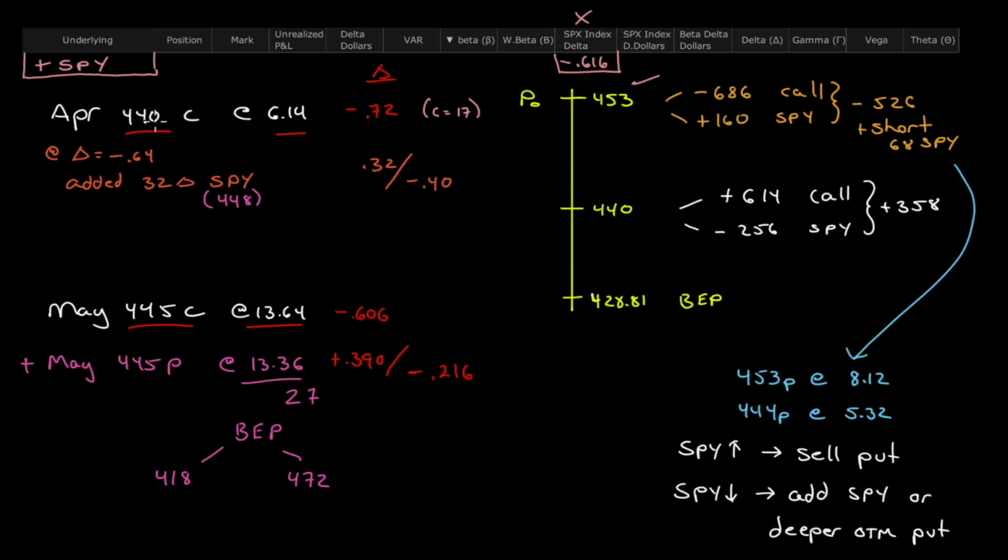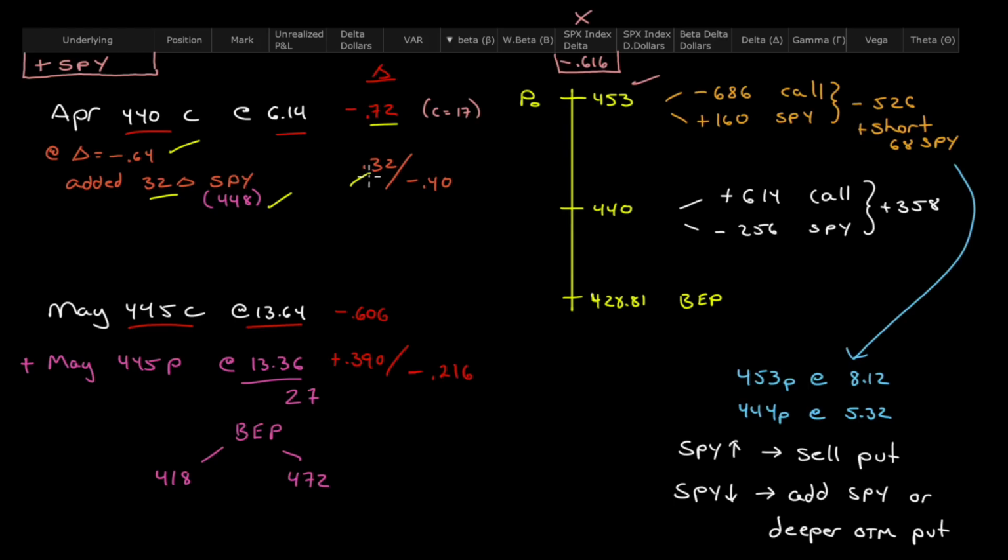When my delta on this call got to negative 0.64, that's when I said, I'd like to cut that in half. So I simply just added 32 delta by buying 32 shares of the underlying per contract, and I bought that at 448. So that took my current delta from 0.72.